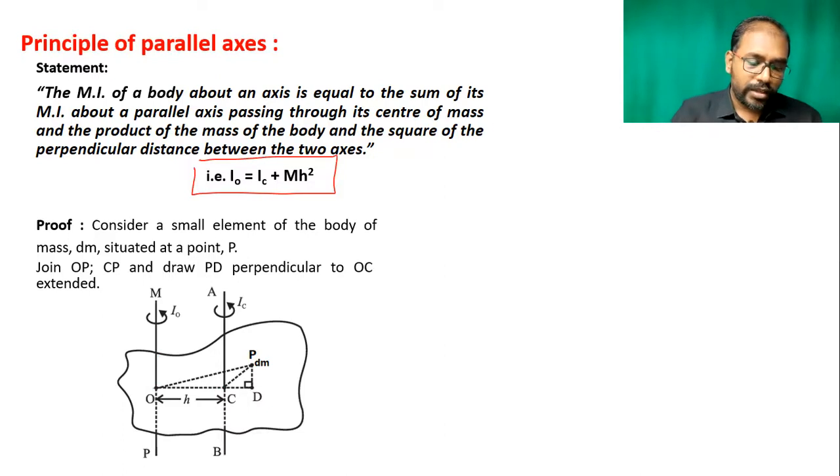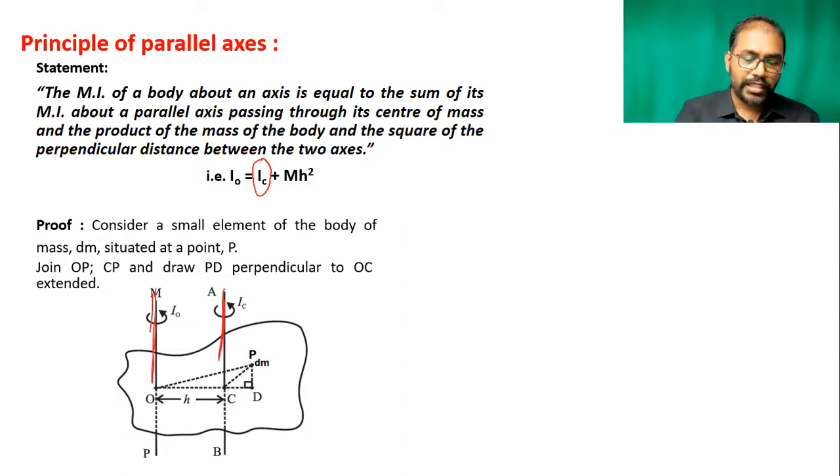Now how do we write it? See here, the moment of inertia of the body about any axis is equal to, you can see the equal sign, the sum of, this addition sign, the moment of inertia of the body about a parallel axis. This axis IC is parallel to this axis, a parallel axis passing through the center of mass.